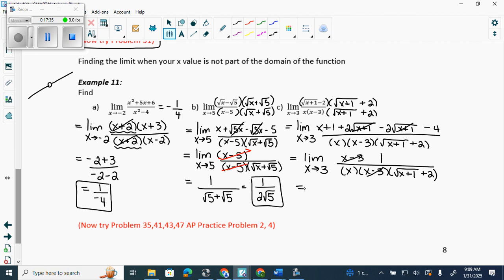The moment I substitute in the 3, the limit goes away. So I'm going to get 1 over 3 times 2 plus 2. So what do I get? 1 over? Yes, you're right.